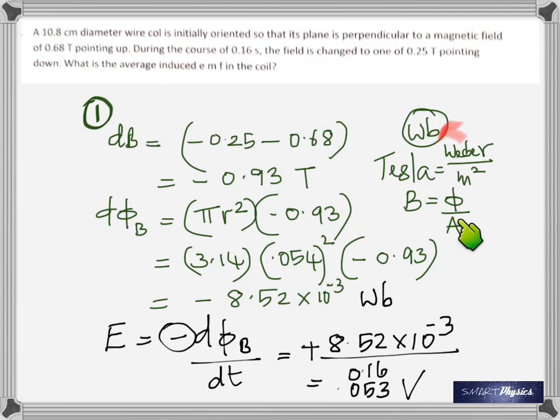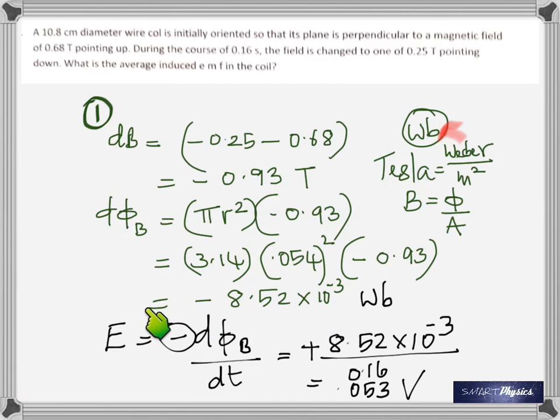And because of the definition, B is equal to phi by A, in order to get phi, you got to multiply the B with the area. And the area of a loop is pi r squared. So when you take that into account, you get the change in flux.